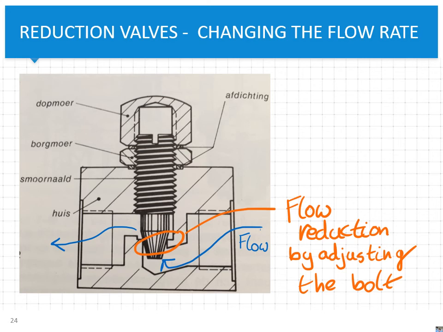This one is an example that you have to operate with tools, for instance using some wrench or whatever. But there are some that are hydraulically, electrically, or otherwise operated as well. So you reduce the amount of flow by adjusting the depth of the bulb, and that's shown like this. So by adjusting the thickness of the flow channel, the opening of the flow channel, you can adjust the amount of flow that goes through.